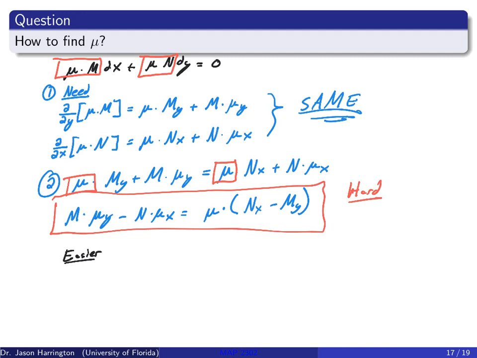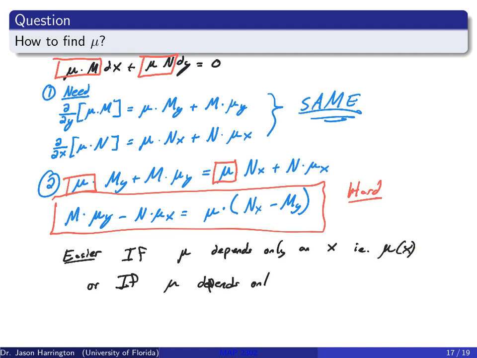So let's make it easier. If mu depends only on x, i.e. it's just mu of x, or if mu depends only on y, i.e. mu sub y.